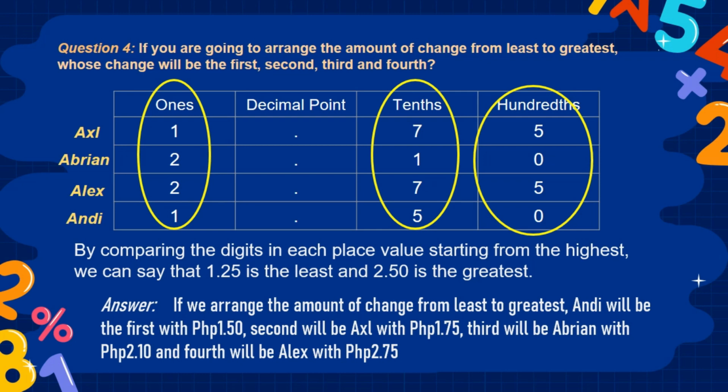Therefore, if we arrange the amount of change from least to greatest, Andy will be the first with 1 peso and 50 centavos. Second will be Axel with 1 peso and 75 centavos. Third will be Adrian with 2 pesos and 10 centavos. And fourth will be Alex with 2 pesos and 75 centavos.